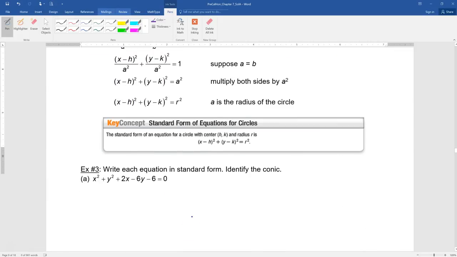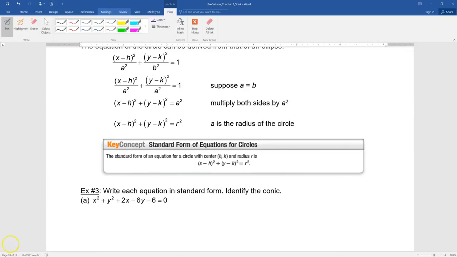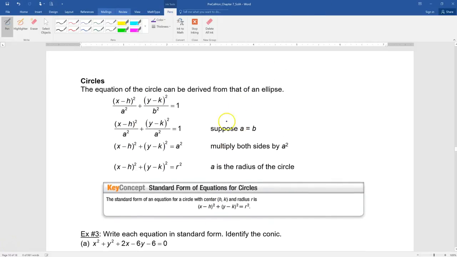All right. So in that one case, we've been saying that a is the larger number and b is the smaller number. But if the distance from the center to the vertex was the same as the distance from the center to the covertex, then a and b would be the same.